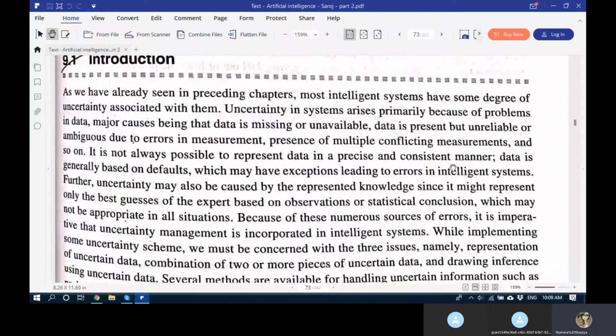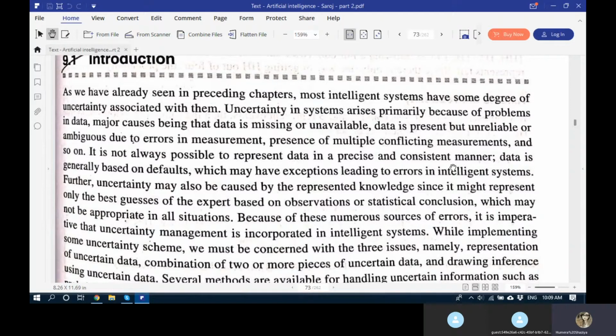Well, all the previous topics have created a knowledge base which is assumed to have accurate information. However, in real world situations, not every information is accurate.